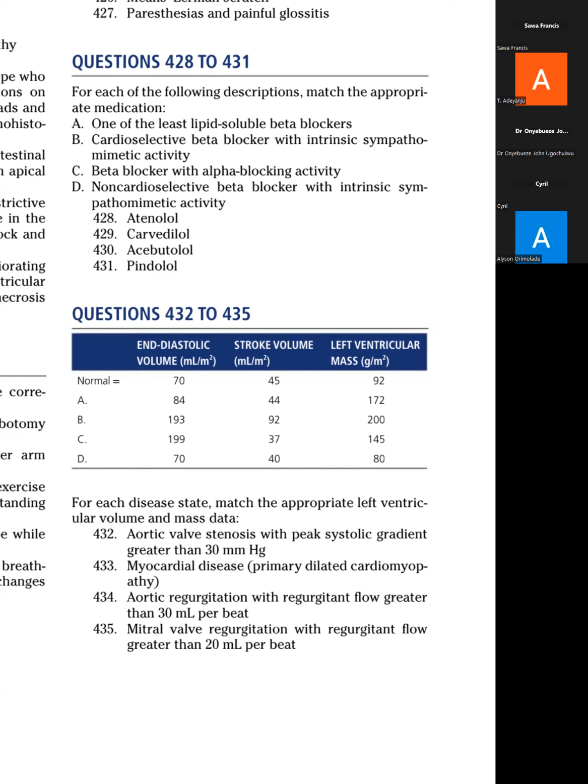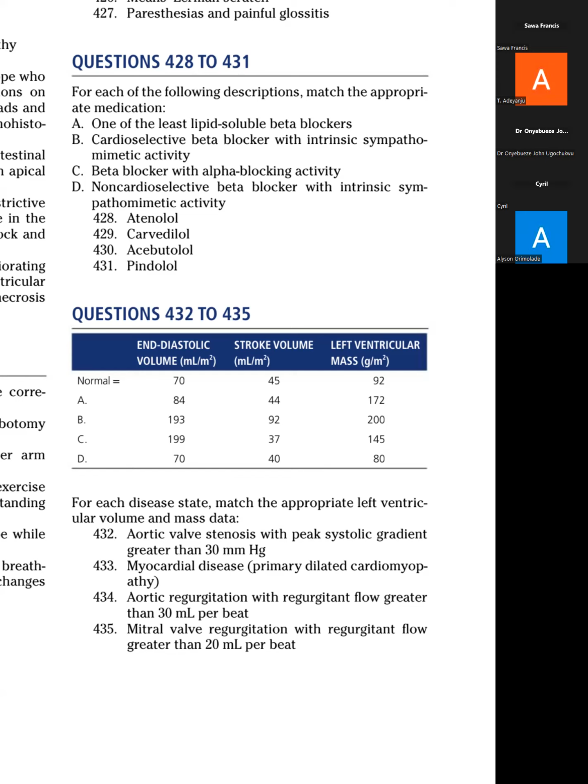Here is only B and C. And the increased mass too, out of that B and C, both B and C are increased in mass, but then the stroke volume will drop because the systolic function of dilated cardiomyopathy is impaired. So it naturally will go with C, where the stroke volume is lower. So myocardial disease, that's primary dilated cardiomyopathy, will go with C, where we have increased diastolic volume, decreased stroke volume, and increased left ventricular mass.